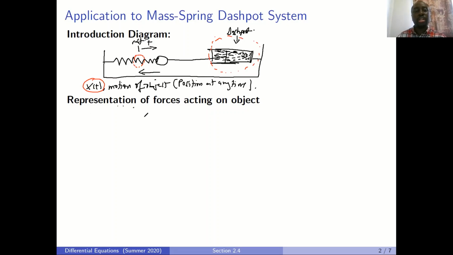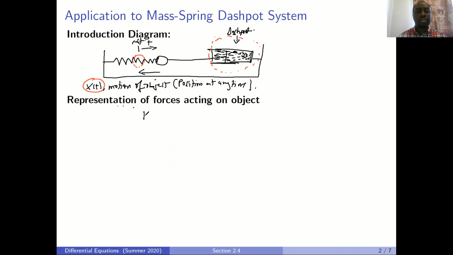So what physical principle governs this? Because remember that anytime we are trying to find the differential equation to mimic a physical process, we are thinking about what physical principle governs this process, right? And because this is a motion of an object under some kind of external force, we can apply Newton's second law of motion.